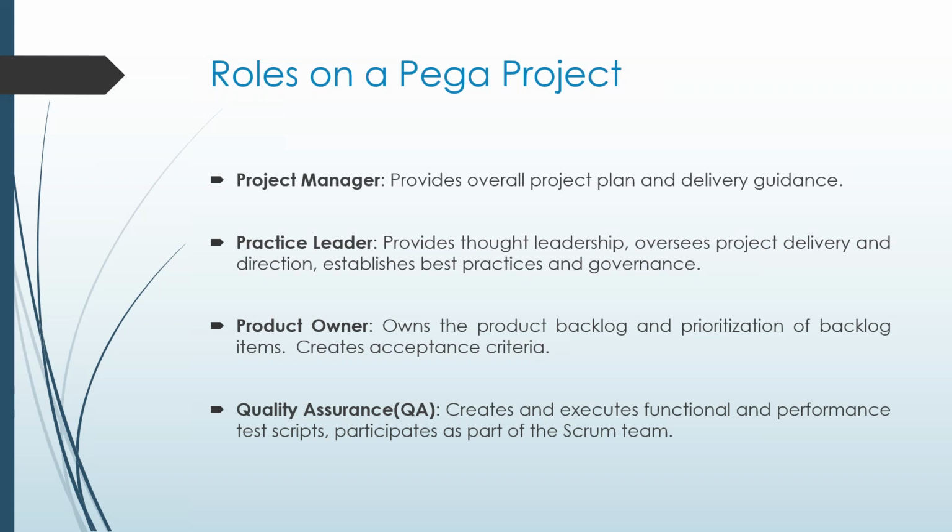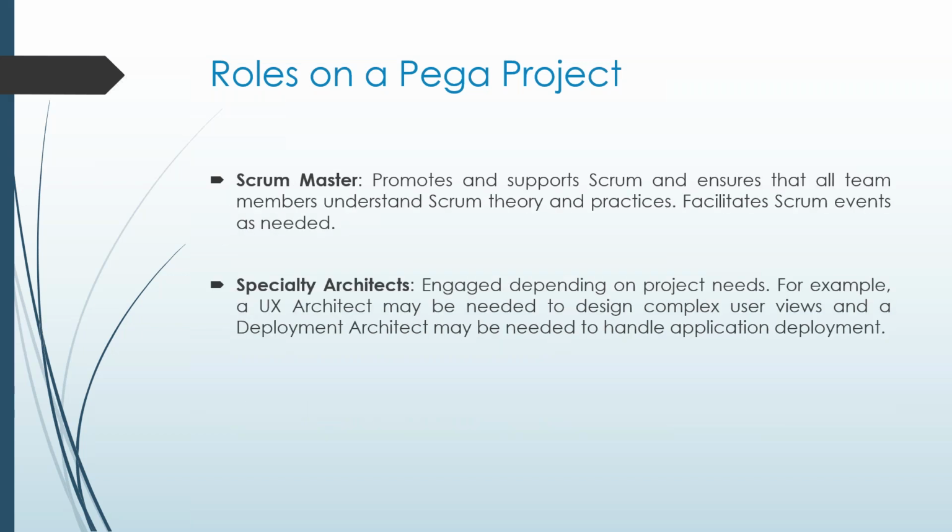Then we need to have a QA team to work both on the testing related to the functional aspects and the performance of your application. Then we have a Scrum Master who looks after the agile methodology or the agile ceremonies.